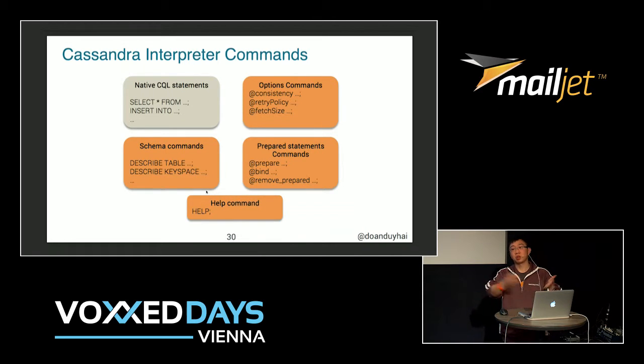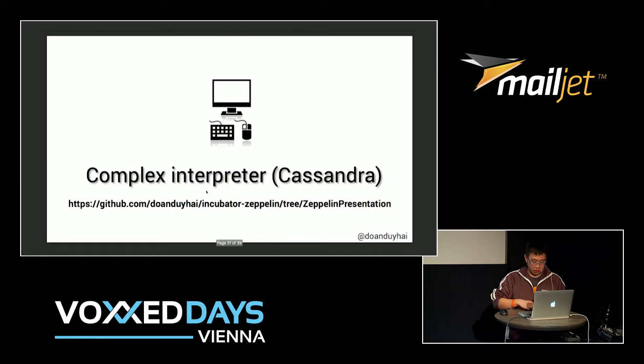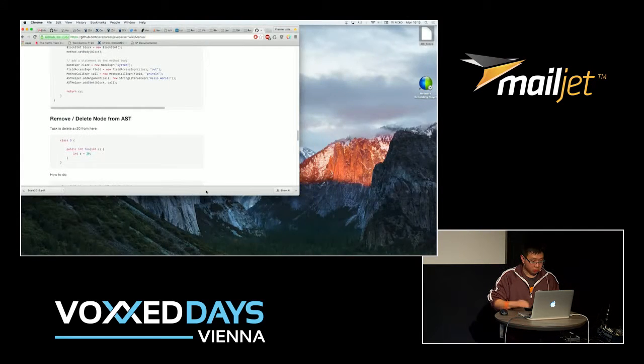Everyone knows about describe table in Oracle, in SQL. So I create this new command, which does not exist in the native query language, to be able to display the structure of a table. I create describe keyspace. I create a help command. So let's see it in action.